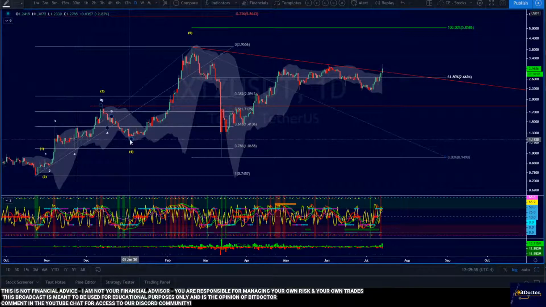All right, so from here, let's also count this piece. From down here, we've got a nice 1, 2, nice big move up here, and it could be the 3 is here. We can count this the 3, the 4, and then we have our blow off top here for the 5. We could get some subdivision inside of this, but I'm not really interested in doing that right now.